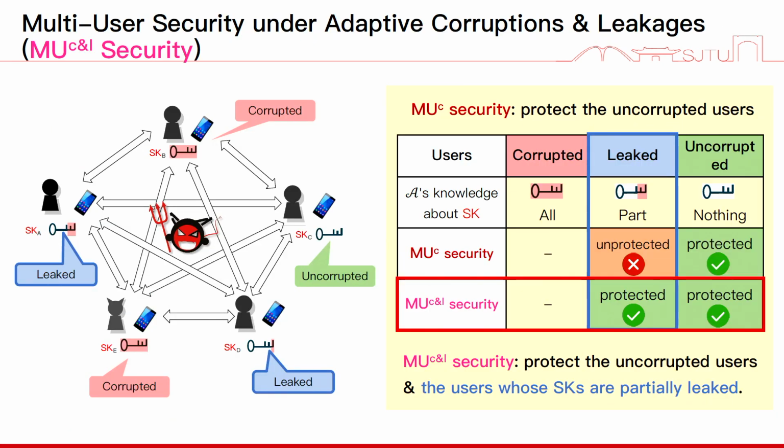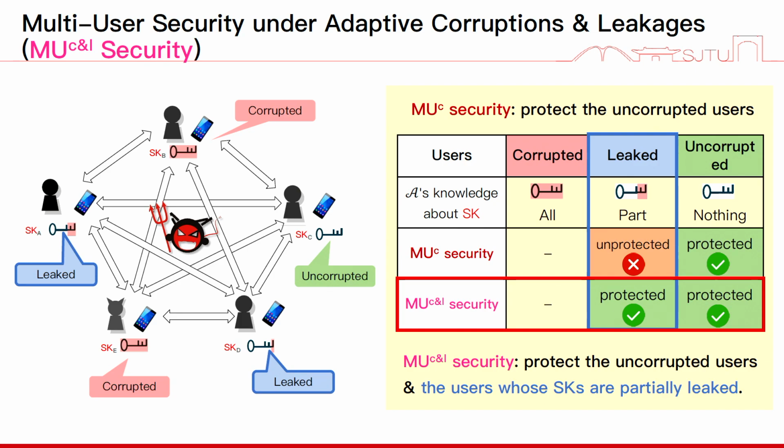We do not stop here, but further consider a strengthened security notion called MUC-L security, which considers multi-user security under not only adaptive corruptions, but also adaptive leakages. Recall that MUC security only considers two kinds of users: the corrupted users whose secret keys are fully exposed to the adversary, and the uncorrupted users whose secret keys are completely hidden from the adversary.